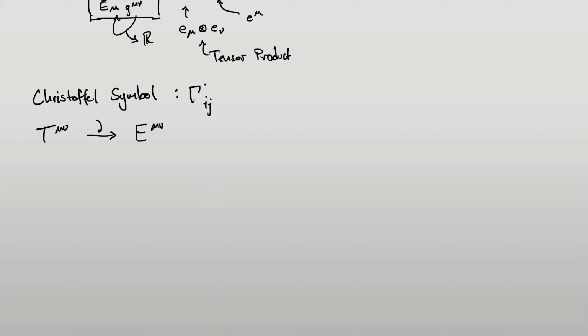We'll say I, J, and M. And we're just going to define it as equal to the derivative of E_J with respect to U_I, with E_M. This is how we define the Christoffel symbol.